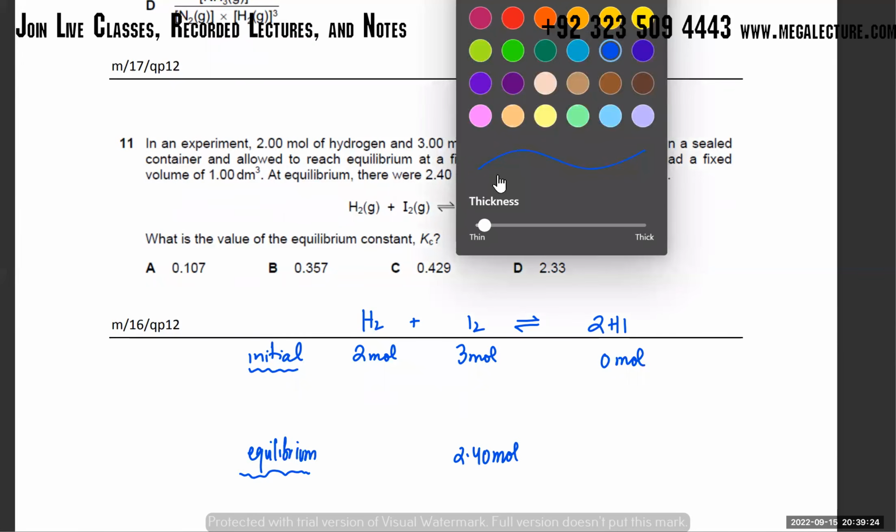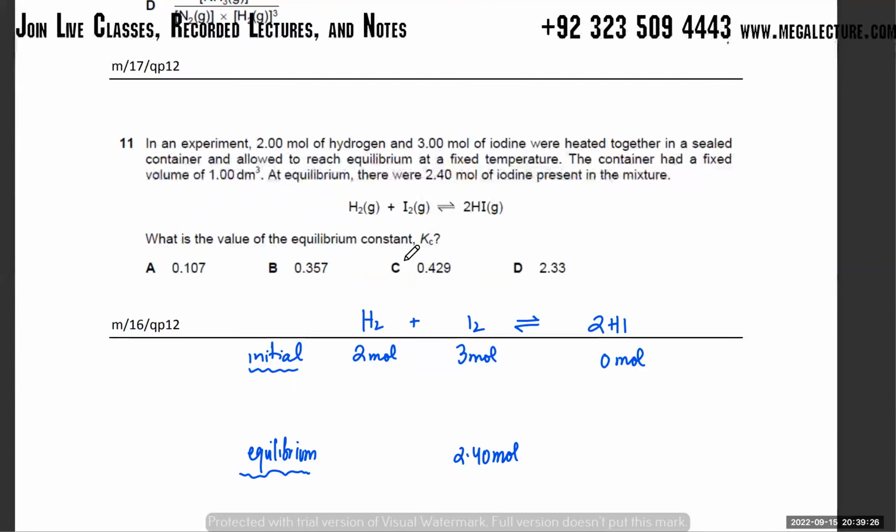What does it mean? Did the equilibrium shift forward or backwards? You started with 3 moles, and they decreased. Forward, sir. So once you mix them together, the equilibrium slightly shifted forward. How many moles reacted? 0.6 moles reacted, right?